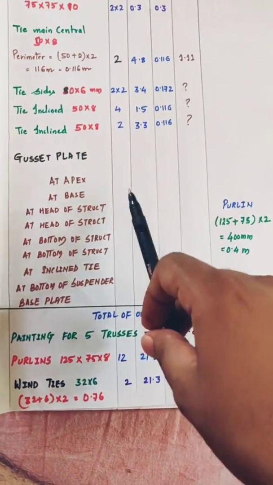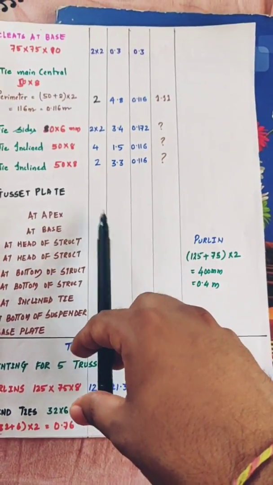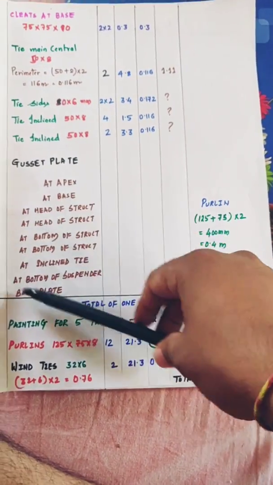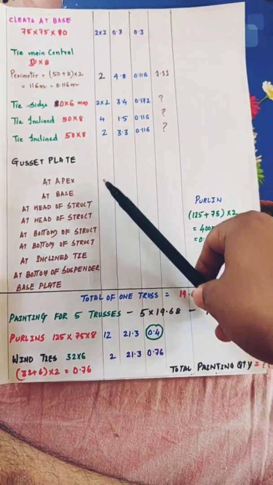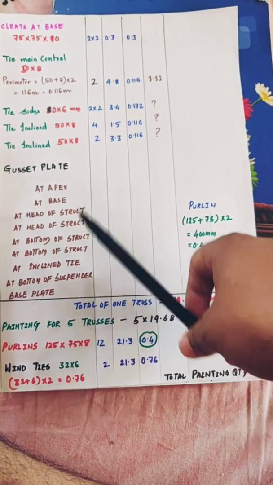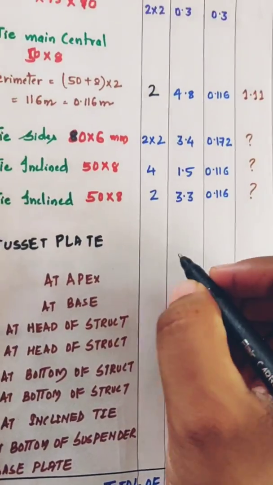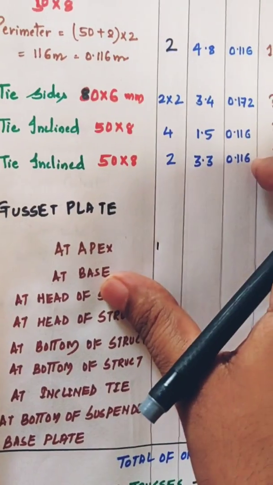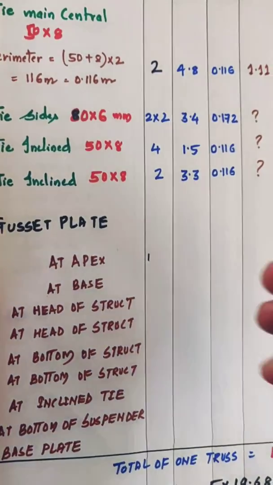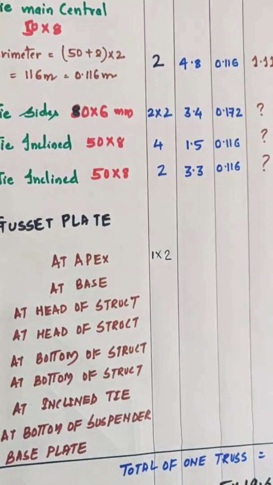I'll give a hint for this. At apex, you already know the number of gusset plates that are being provided. For the first column you will get the quantities, but here one thing you have to remember. For apex there is only one gusset plate, since the apex is at the center, but you are going to paint on two sides.